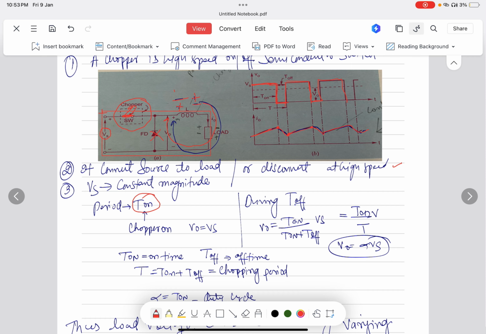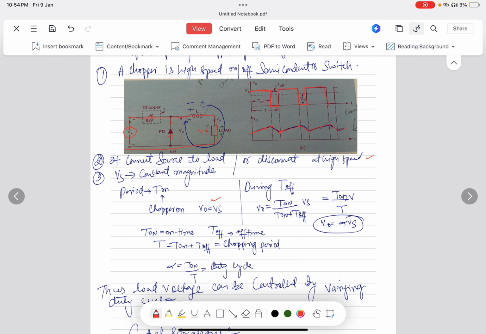Here, when the current flows and passes through the inductor and then to the return path, the freewheeling diode acts as an open circuit. So the Vs voltage is equal to the output voltage.